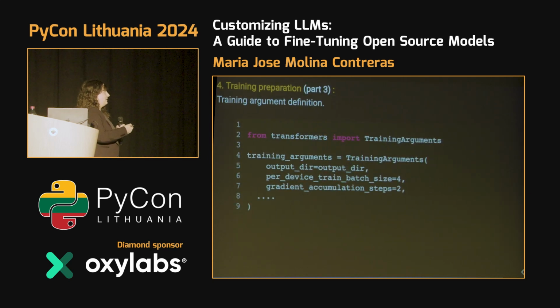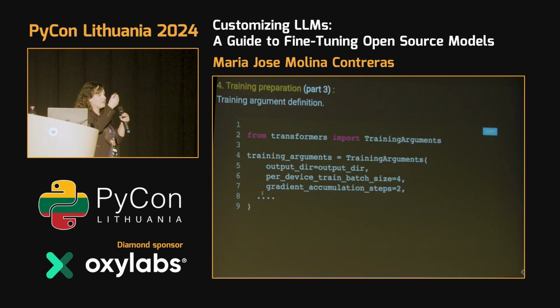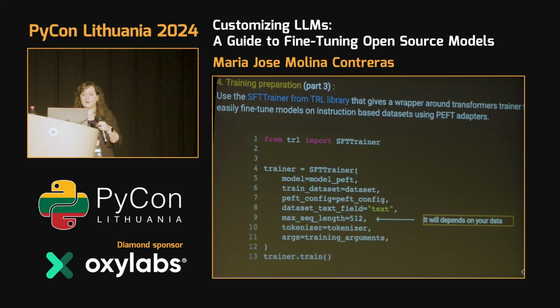We define the training arguments. Of course, as you can see here, there are a lot of dots because the code is not complete here. You need to take a lot of things into consideration, but I could not add them because it also depends on what you need, but it will be available in the code.